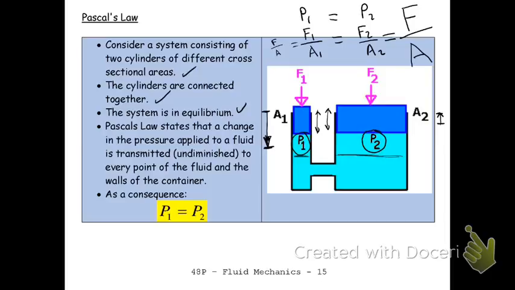Now that's very valuable. So I can have my car sitting on the big piston, and I can have my thumb on the little piston, and I can balance them. My thumb can push on the little piston with just the right force to balance all the weight of my car on the big piston.